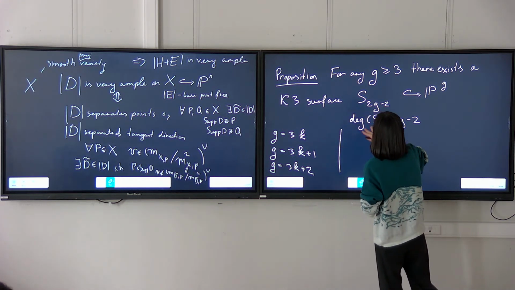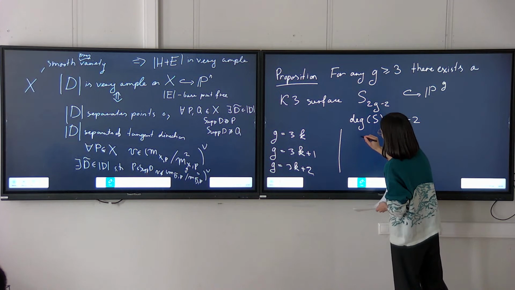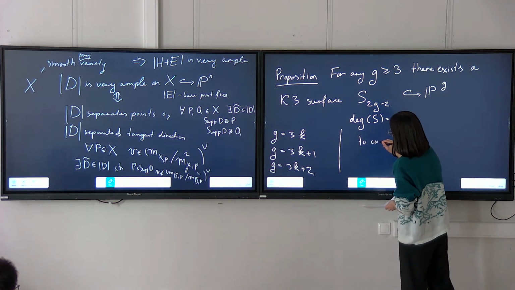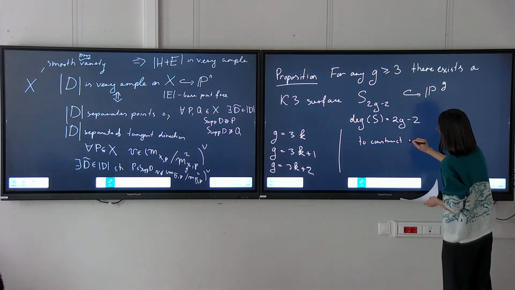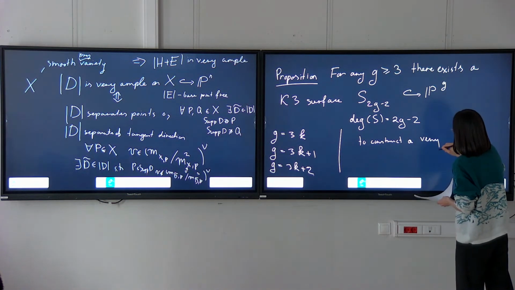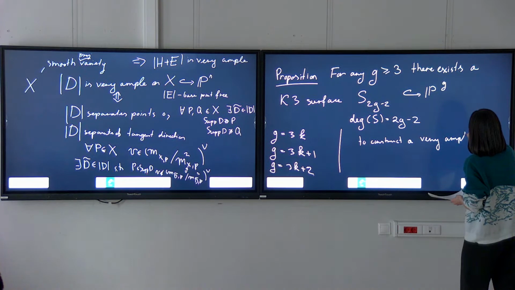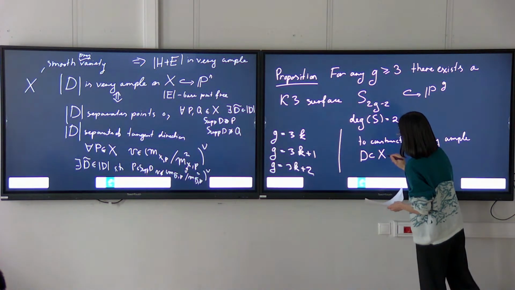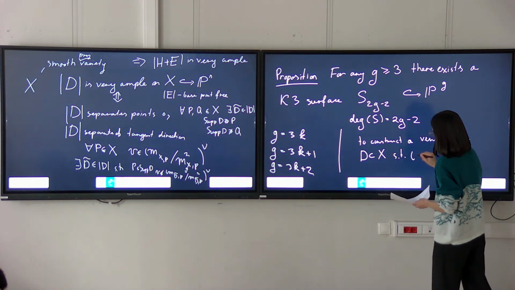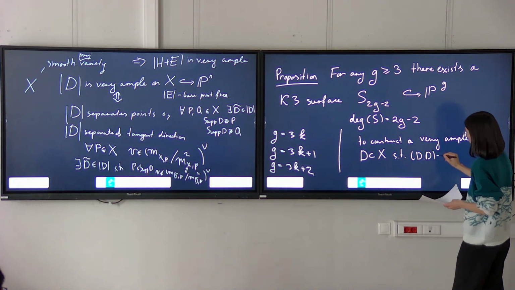So to prove the existence, we just need to construct a very ample divisor D on X such that its self-intersection is equal to what?